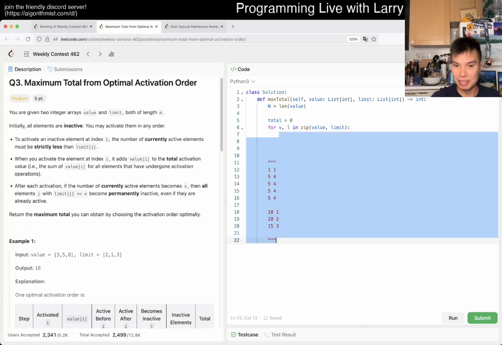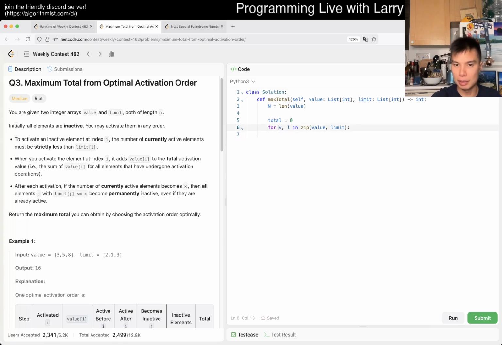Okay, yeah, me constructing this example incorrectly kind of cost me some time, but that's okay. I don't think I really understood this problem anyway. Okay, we sort, reverse true.